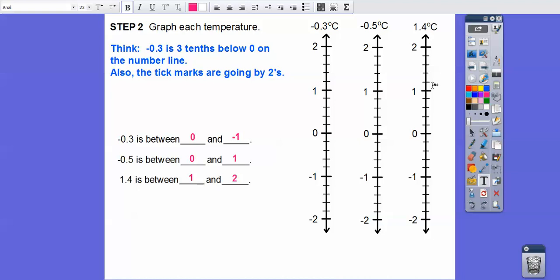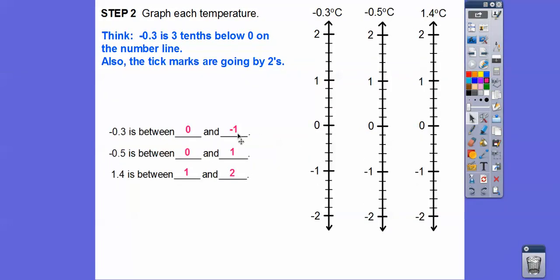Remember, -0.3 is 3/10 below 0 on the number line. Be careful, you guys. These tick marks are going by 2/10. So this is 2/10, 4/10, 6/10, 8/10. 10/10 is 1 right here. And similarly, -2/10, -4/10, -6/10, -8/10, and so on. So -0.3 is between 0 and -1.